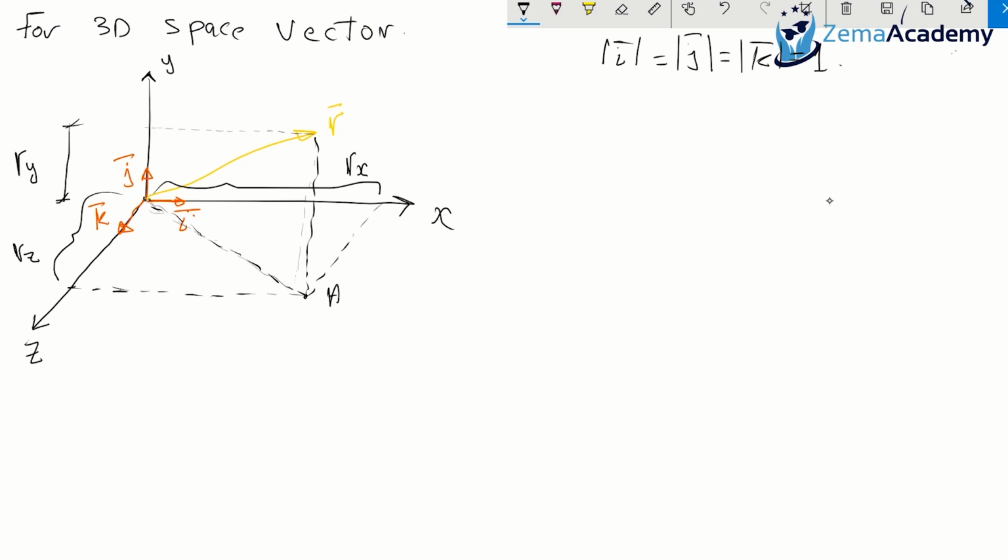So the Cartesian form for R will be Rx i, with the projection of the vector in x direction, or x-axis, plus Ry j, the projection of R in y, plus Rz k. Or in column vector notation it is Rx, Ry, and Rz.